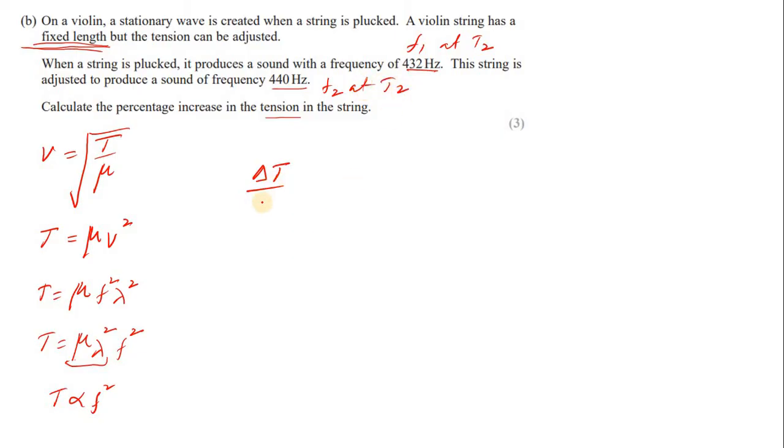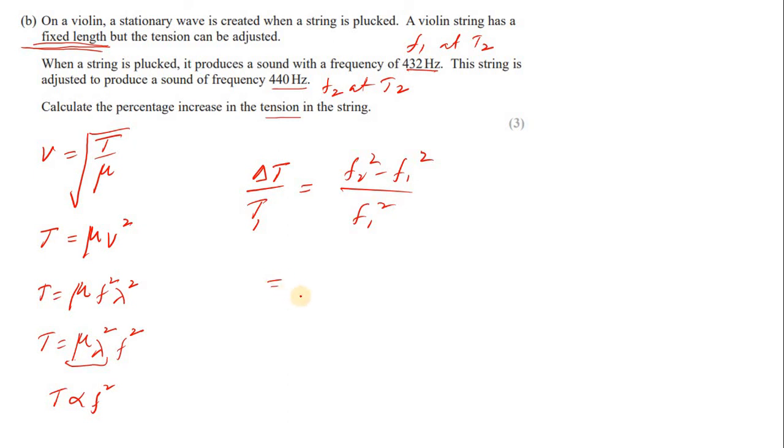So we need to find delta T with respect to T1. So delta T is because of F square. So F2 square minus F1 square divided by F1 square. Why am I not using this mu and lambda square? Because I am taking a ratio. If I use them, then both will cancel because these are constant.